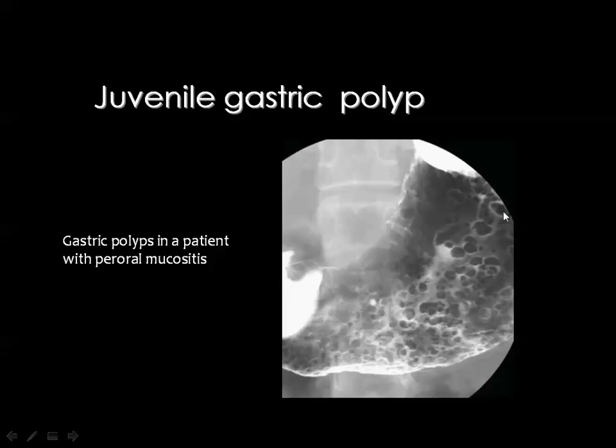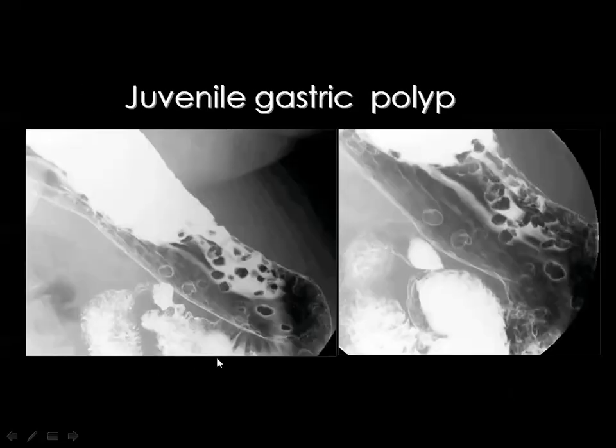Polyps means multiple lesions that produce filling defects in the stomach or the gastrointestinal tract, and in children it's common. The common polyps seen here are the juvenile polyps, which are usually of benign hyperplastic type, and this is a good example of multiple polyps in the stomach. In the barium-filled area, they appear as filling defects.